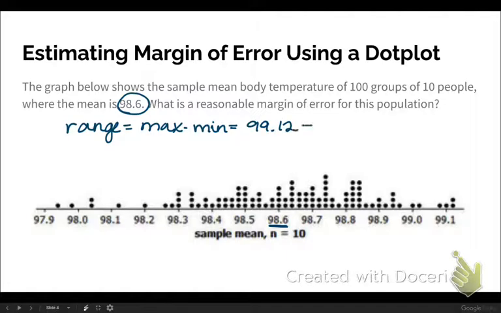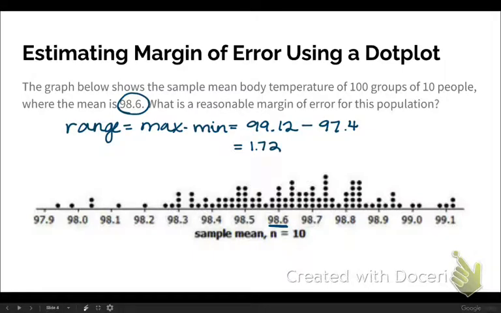The smallest value on the left is 97.94. And we would take and subtract those two numbers. And we get a range of 1.72.